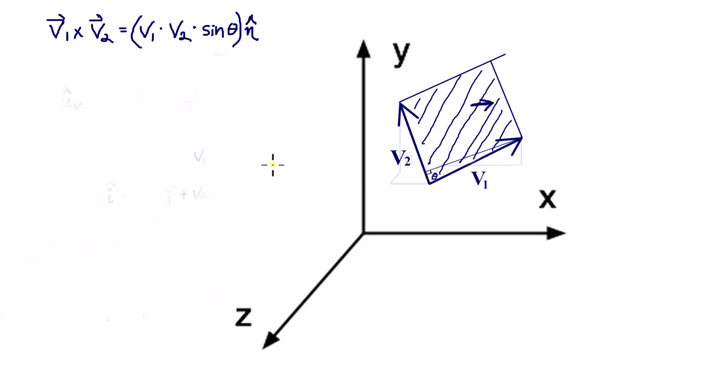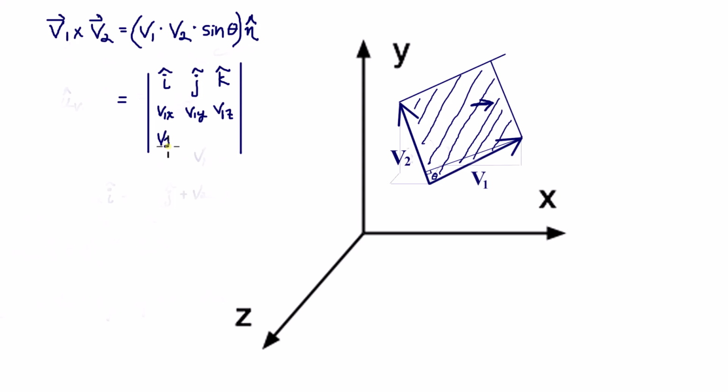One way to do it is you take the determinant of a 3x3 matrix. So in the first row, you put I hat, J hat, K hat. The second row, you put V1X, V1Y, V1Z.